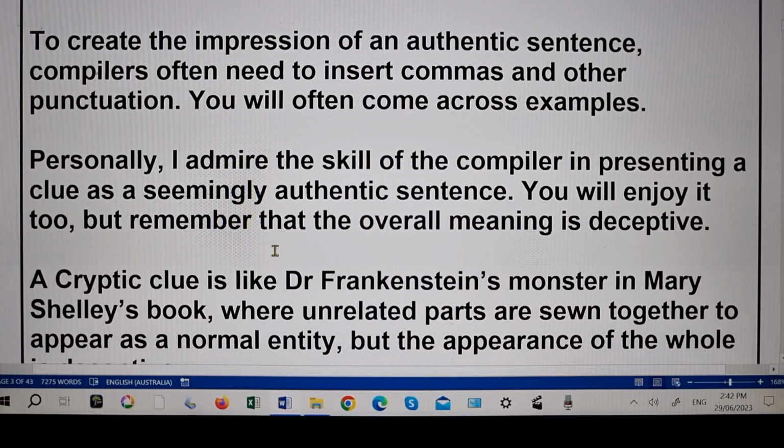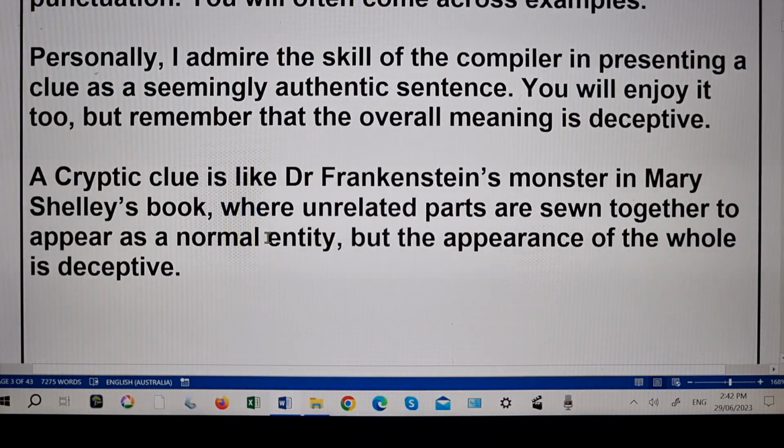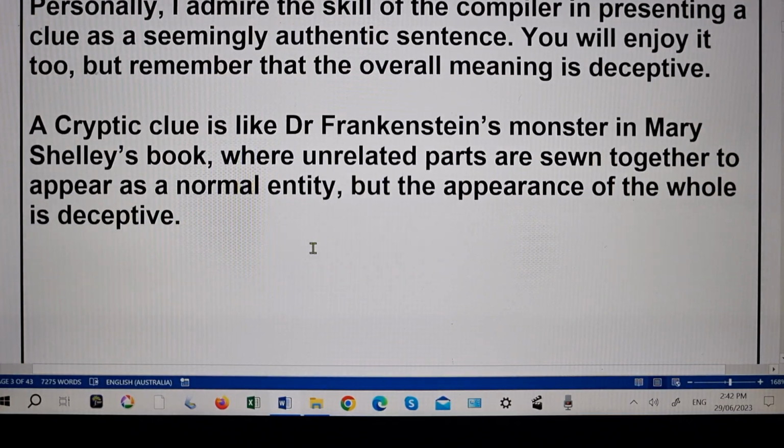Personally, I admire the skill of the compiler in presenting a clue as a seemingly authentic sentence. You will enjoy it too, but remember that the overall meaning is deceptive. A cryptic clue is like Dr. Frankenstein's monster in Mary Shelley's book, where unrelated parts are sewn together to appear as a normal entity, but the appearance of the whole is deceptive.